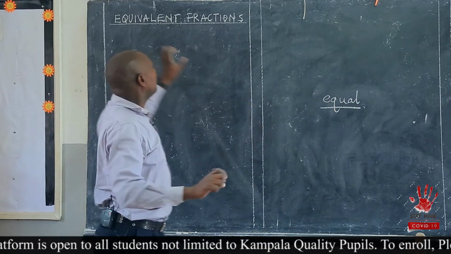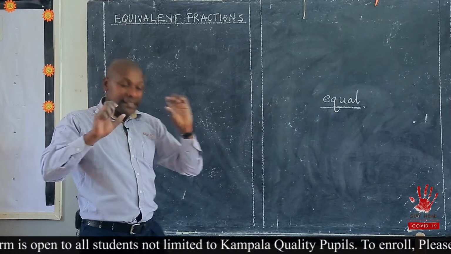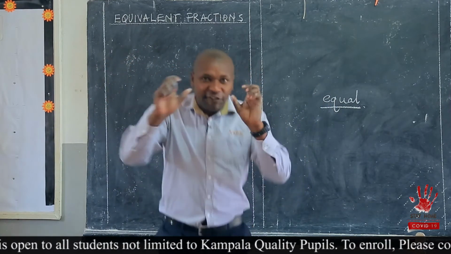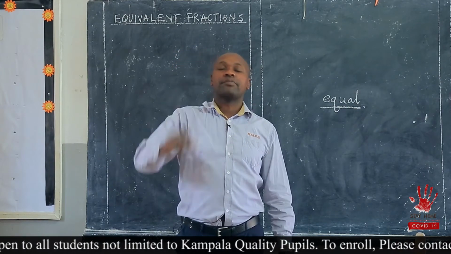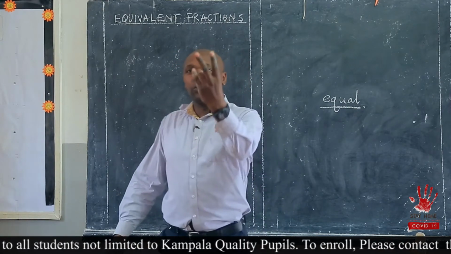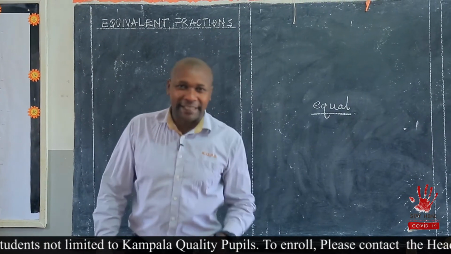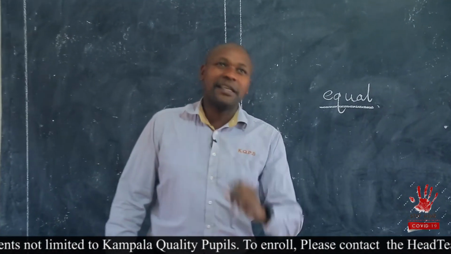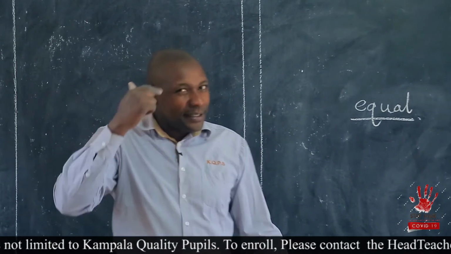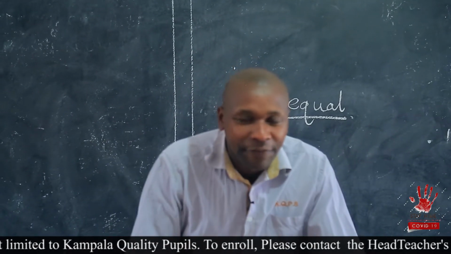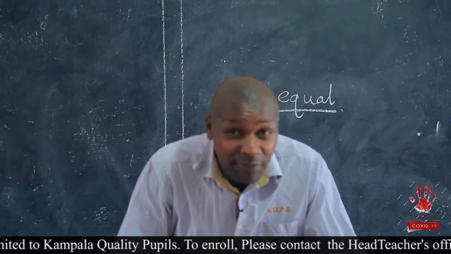In other words, the definition of equivalent fractions: these are fractions whose value is the same. They can be 2, 3, 4, or more than that. But how can this be done? Somebody is asking, how can fractions be the same?